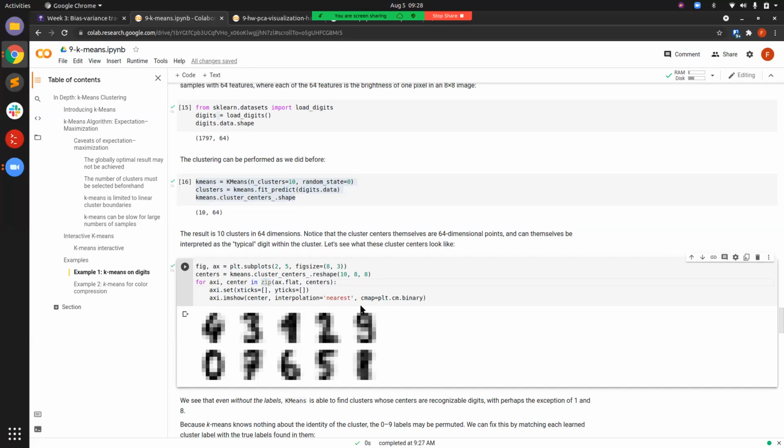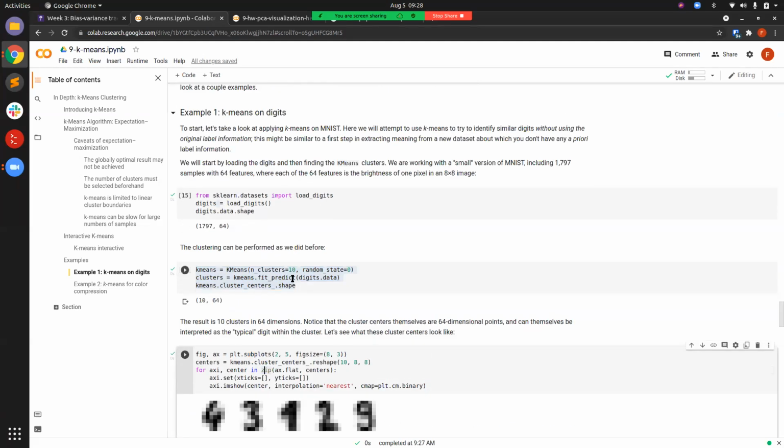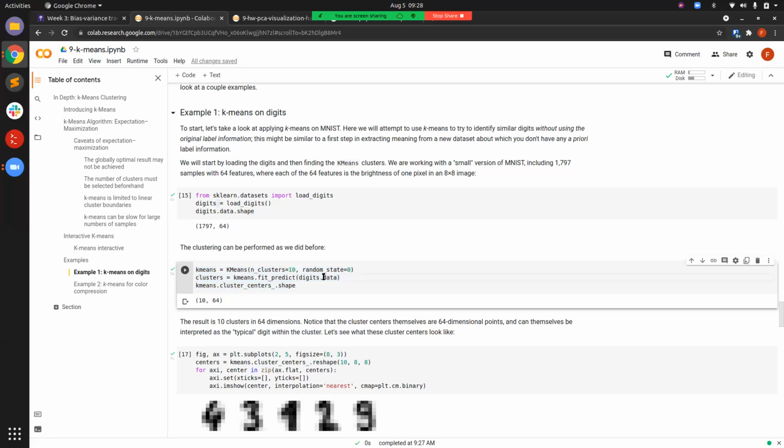So we can see that even though we didn't tell k-means to do anything about separating by handwritten digit, right? We didn't actually tell k-means anything about the data labels. We only gave it the feature data. So we didn't tell it anything about, these are 4s, these are 3s. Didn't look at labels at all.